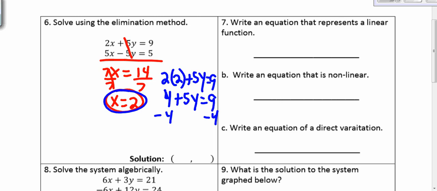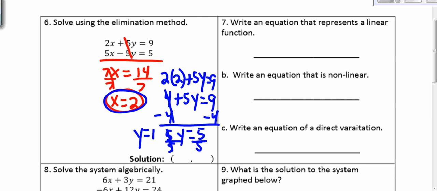So you have to subtract 4 on both sides. 5y equals 9 minus 4, which is 5. And then you divide by 5, and y equals 1.